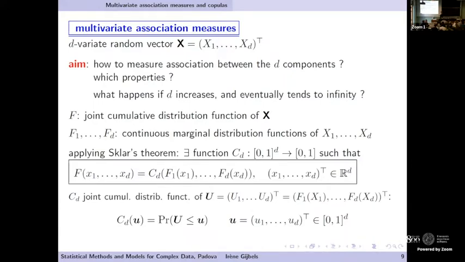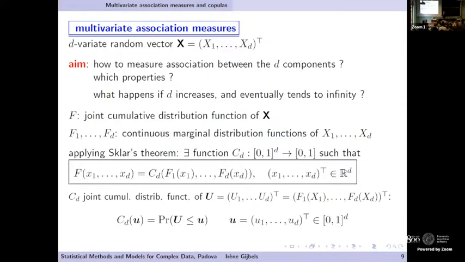So let me try to come to how you could define multivariate association measures, and you will see that there are a lot of things which are available in the literature. Actually, an easy way for me to do it is by just starting again from Sklar's theorem, because the multivariate version is there, which says that there is a copula function with now the index d, because it's d-dimensional, living on the d-dimensional unit cube.